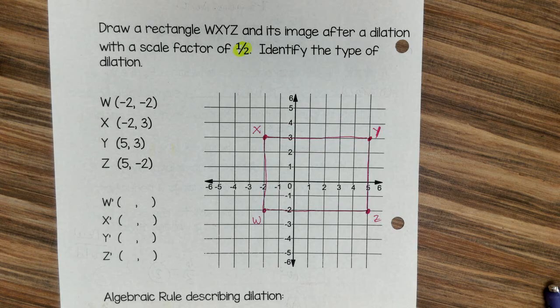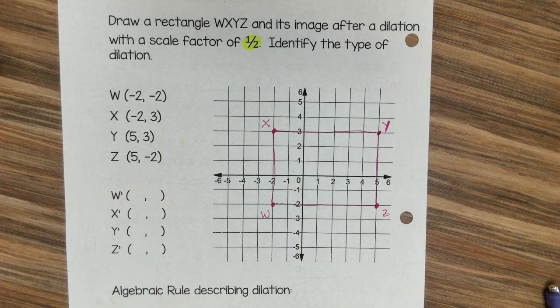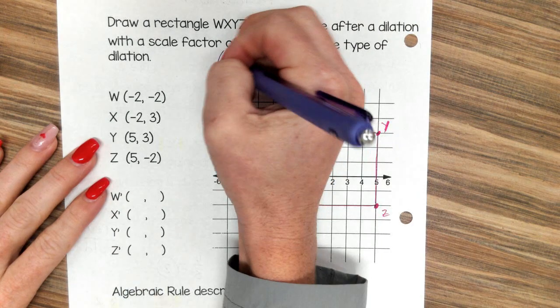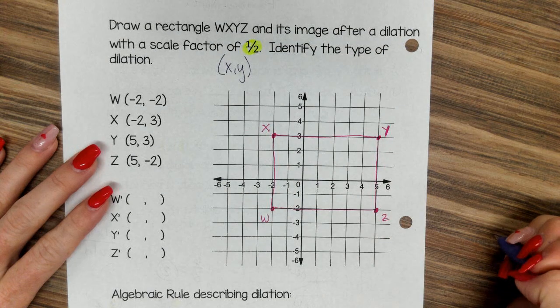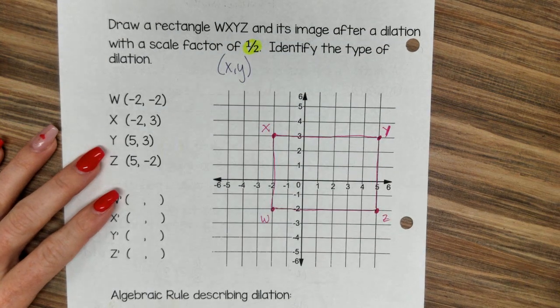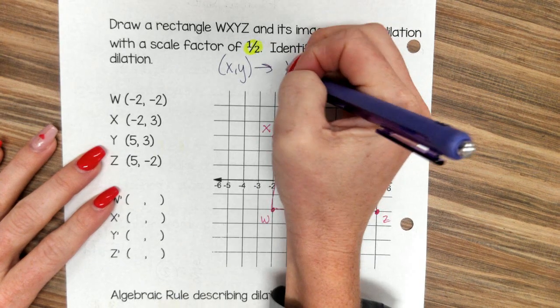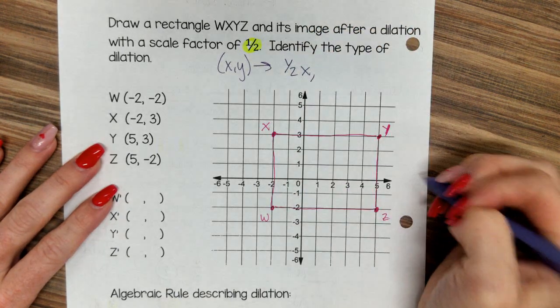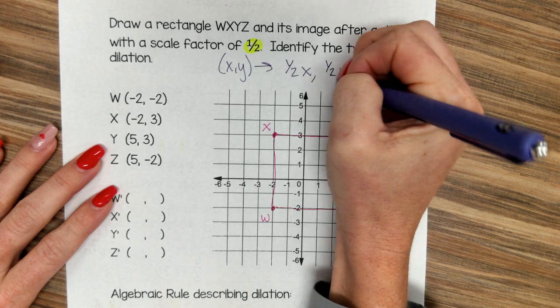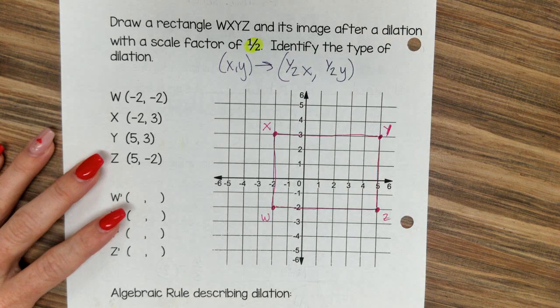So to do this and come up with the new coordinates, the rule says, take your x and your y, write this down, and multiply them by 1/2. So 1/2 times x, 1/2 times y.